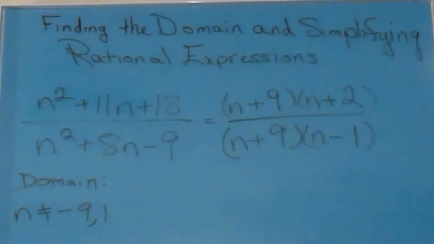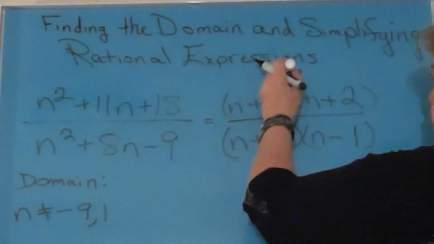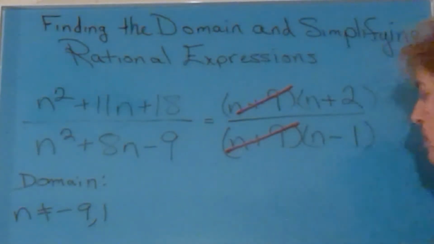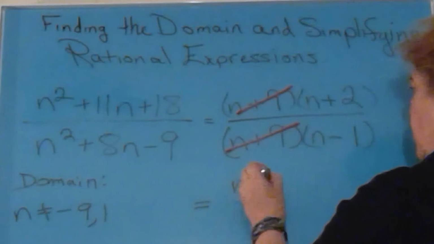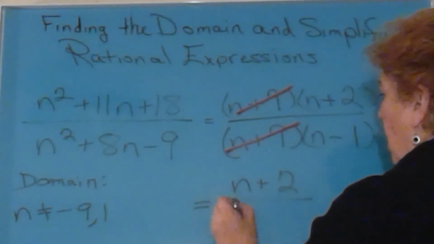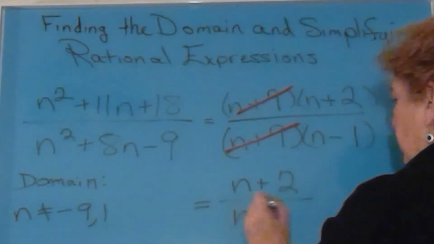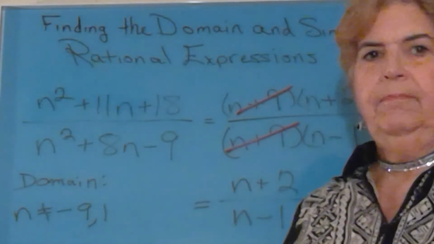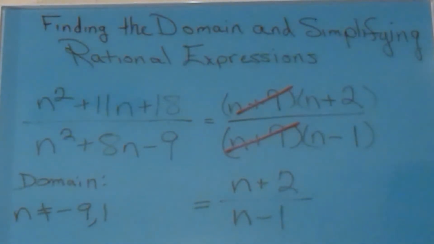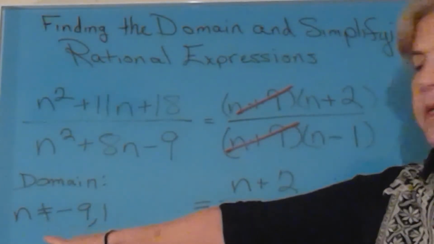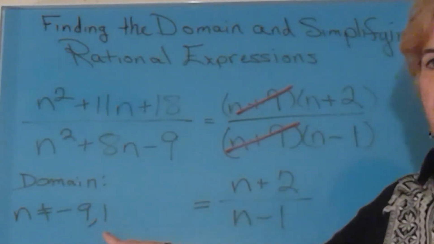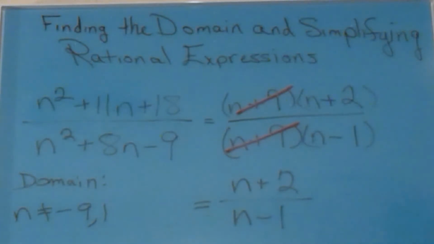So for this problem, the n plus 9's divide out. And that will leave me with n plus 2 over n minus 1. And we still have the domain is all n that's not equal to negative 9 or 1.